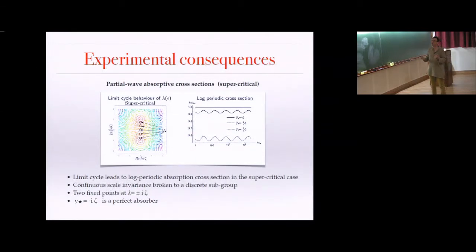Remember, it depended on 1 upon k, so you multiply through by k, you just get a constant. But now, this anomalous breaking of symmetry makes it log periodic. So you have this periodic oscillation. This is a log scale here. And these two fixed points, as I say, this one corresponds to a perfect absorber, and this one's a perfect emitter.